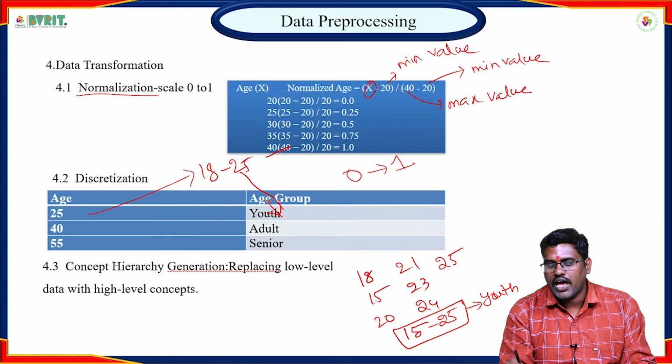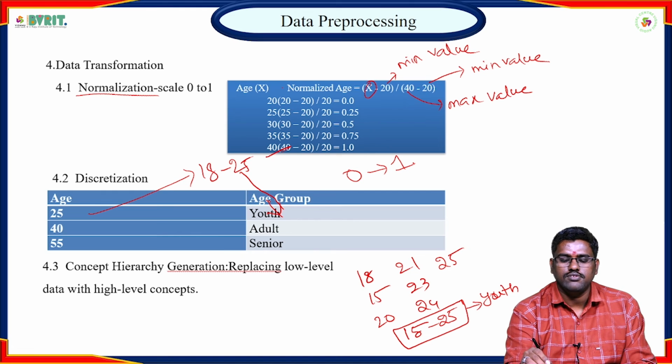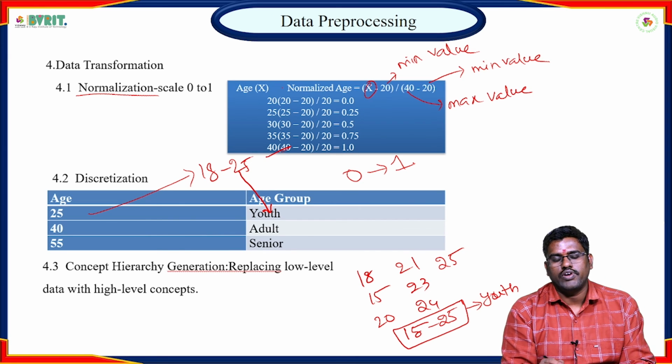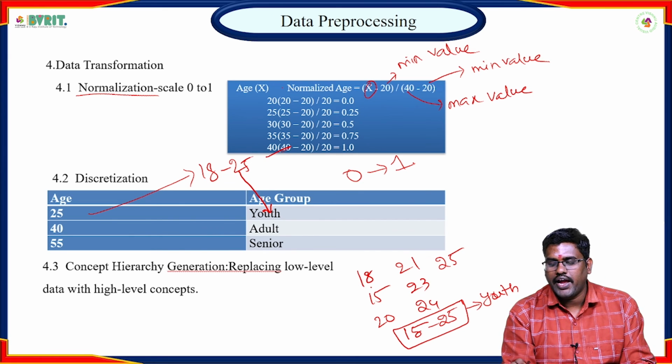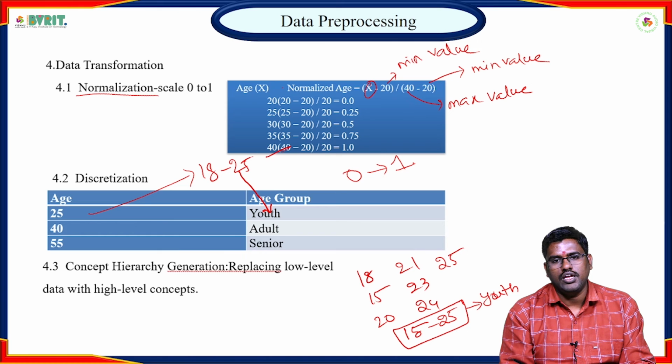Based on the different categories, we take some interval, and within that interval, whatever values come fall under that category. So 18 to 25 comes under youth. After that, 35 to 40 we consider an adult, and more than 50 we consider senior.